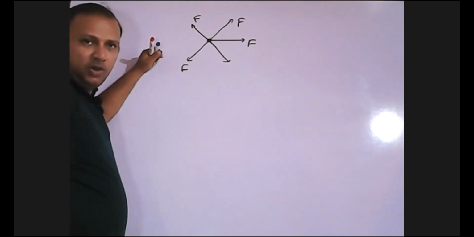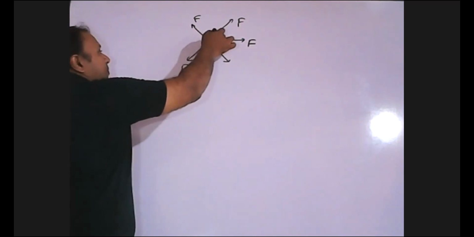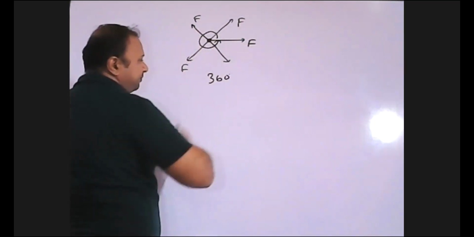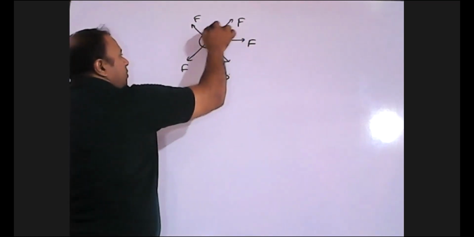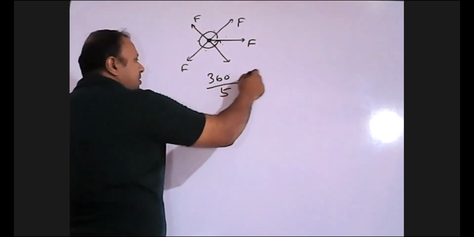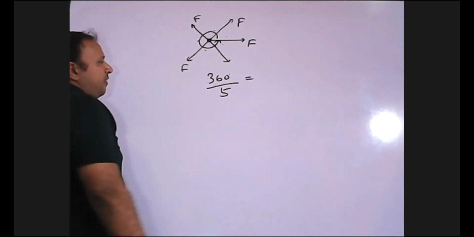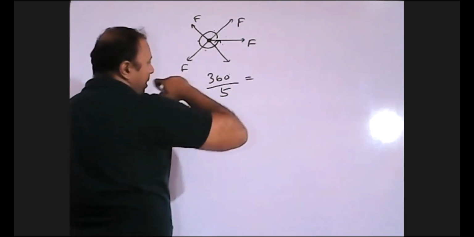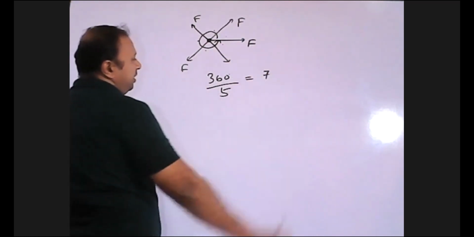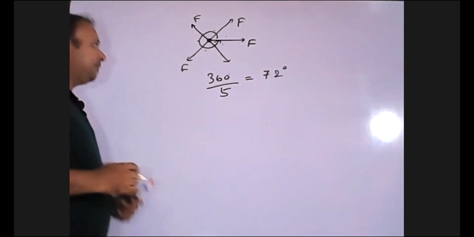You know the angle around this point should be equal to 360. So there are 1, 2, 3, 4, 5 angles. Therefore, one angle is equal to 360 over 5, that means 72. One angle is 72.